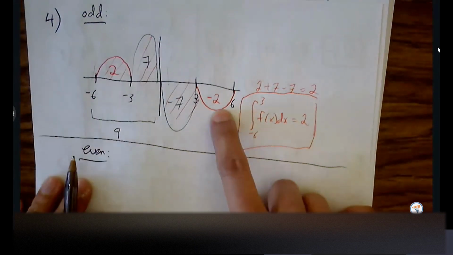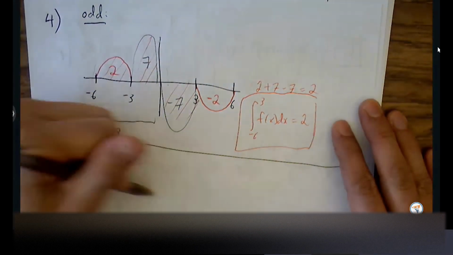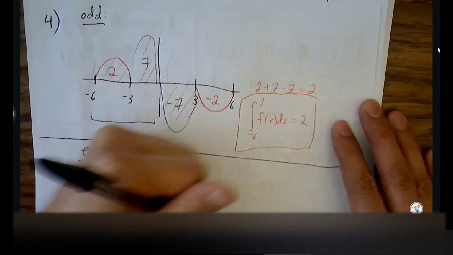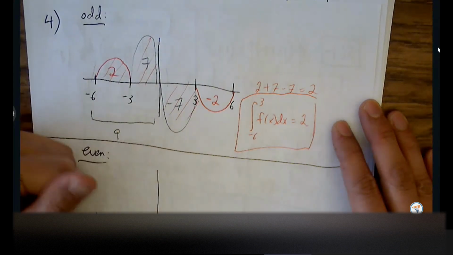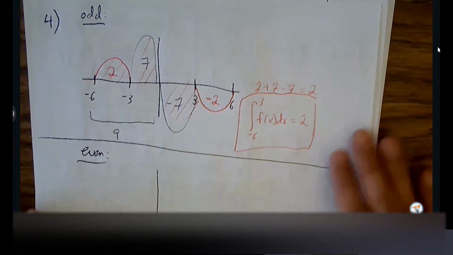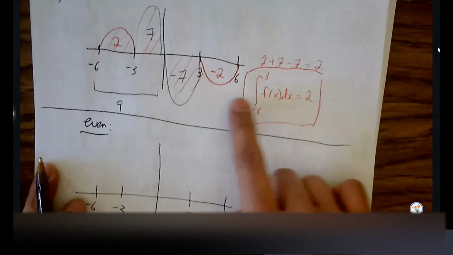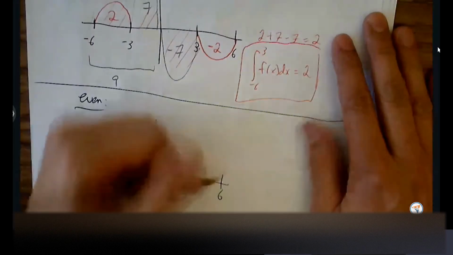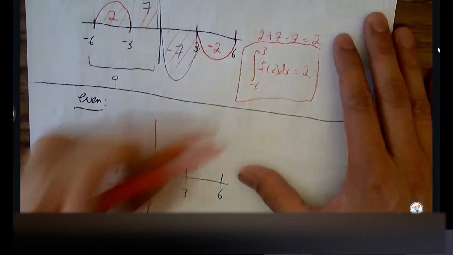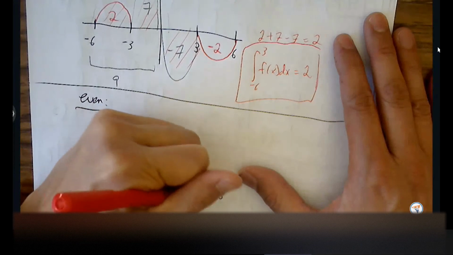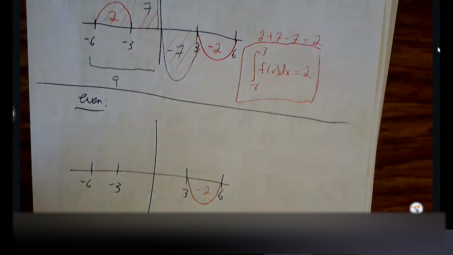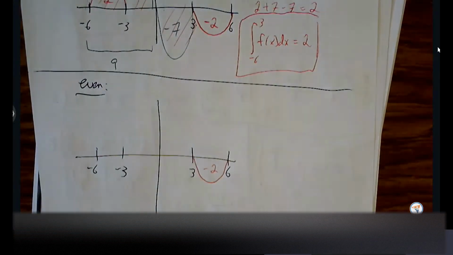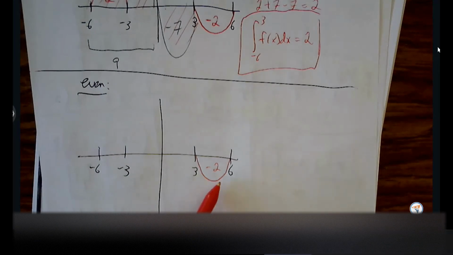Let's say we have the same scenario. From 3 to 6 is still -2. But it's an even function now, so what adjustment can we make? So the sign would stay the same on the other side.